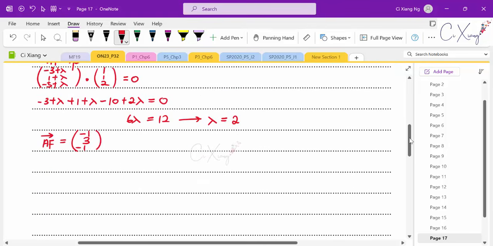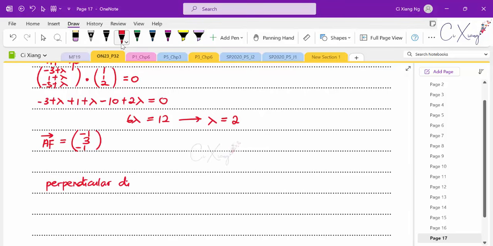Okay, so the last step, we know that the perpendicular distance is equal to the modulus or the magnitude of vector AF. So please try to find out the magnitude of the vector AF.